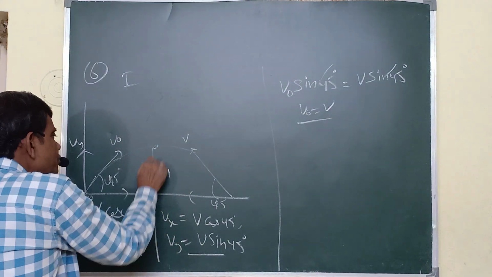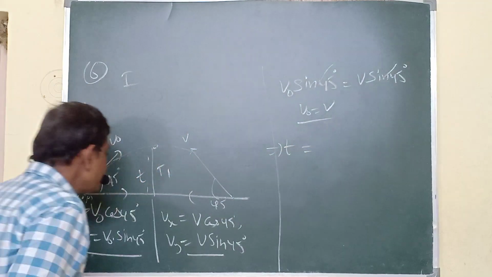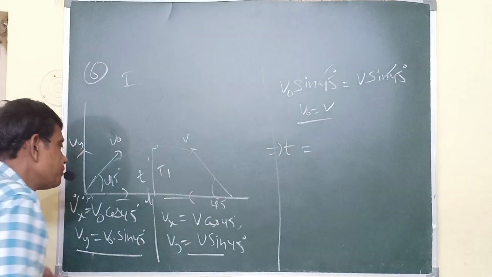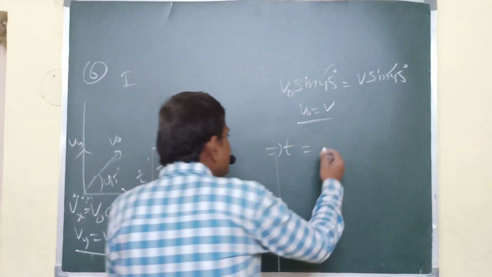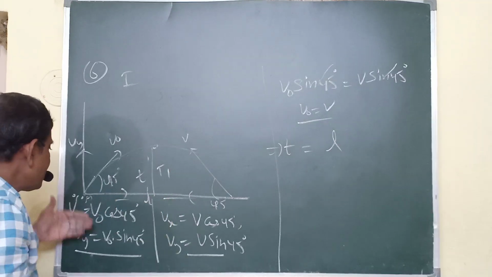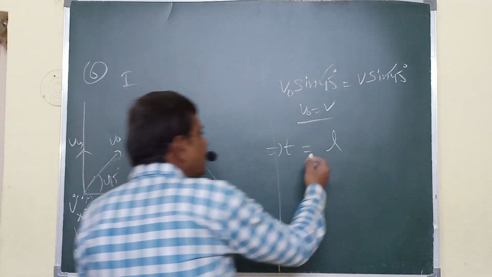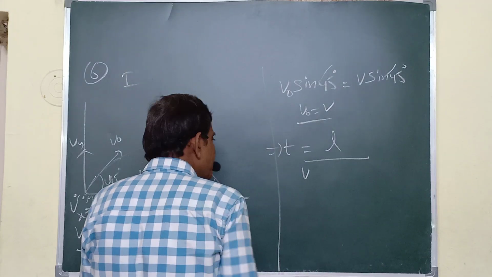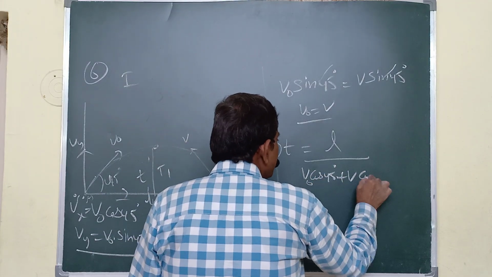After time t, these two meet. What is the formula for the time to meet? The distance he has given as L. The time is distance by relative velocity. The horizontal distance is L, and the horizontal relative velocity is V naught cos 45 plus V cos 45.